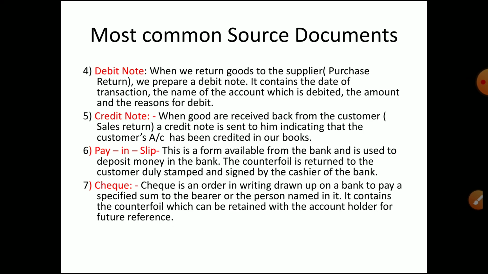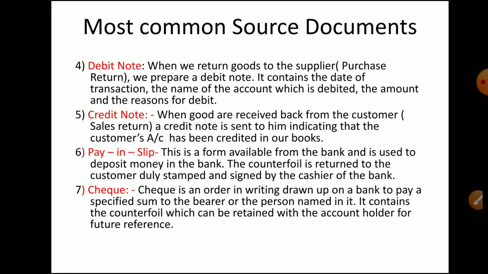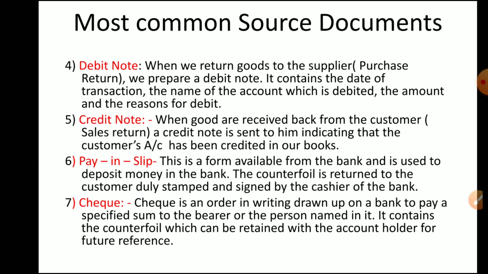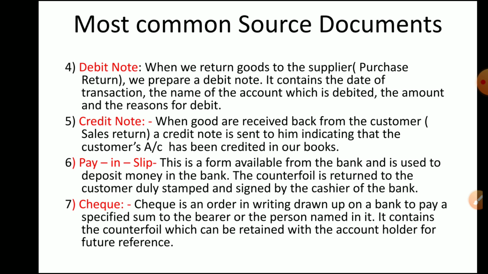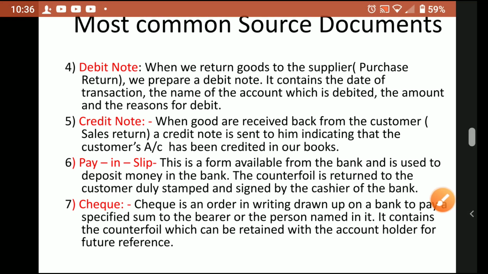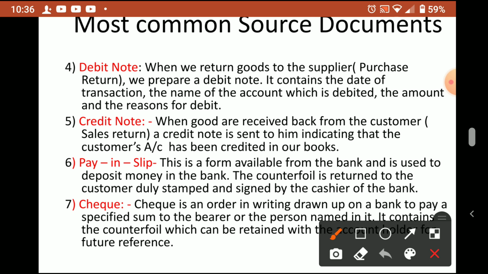Now next is the debit note. So what is a debit note? When we return goods to the supplier, that is called purchase return. Whether for the purchaser or for the trader, he purchases and then he sells. Suppose A is the trader.